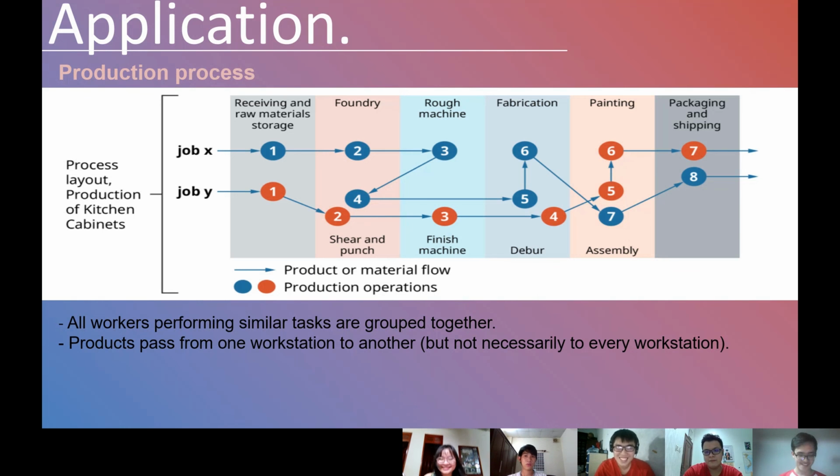The process layout is used to produce small numbers of a wide variety of products, typically using general purpose machines that can be changed rapidly to new operations for different product designs. For example, a manufacturer of custom machinery would use a process layout.